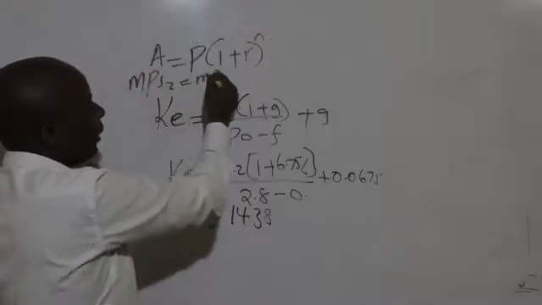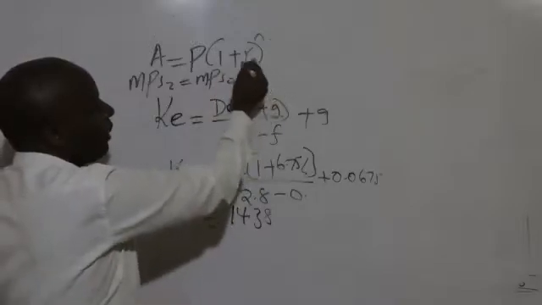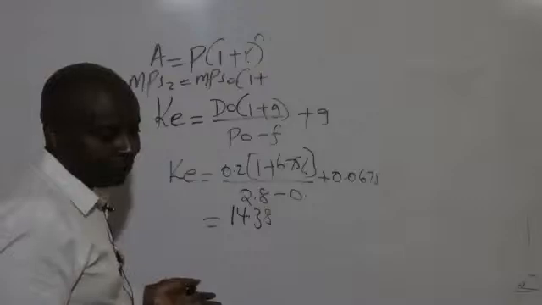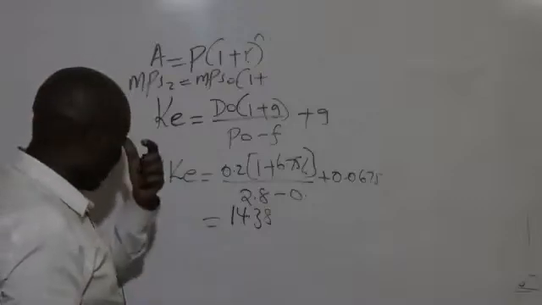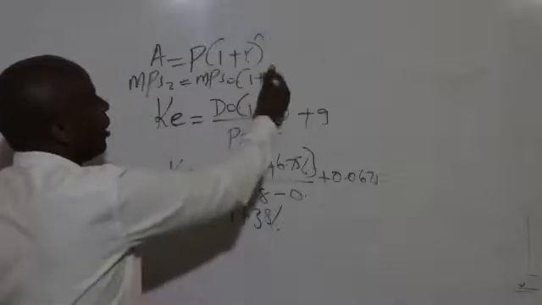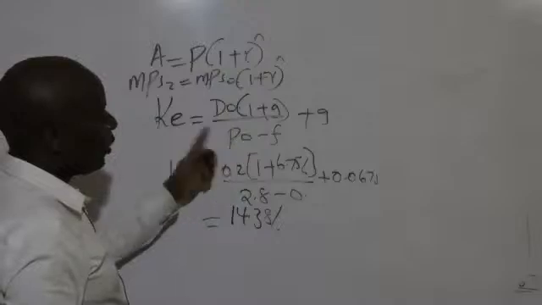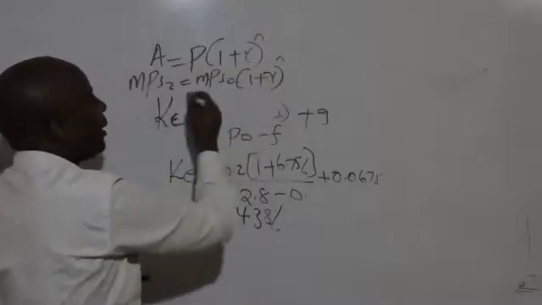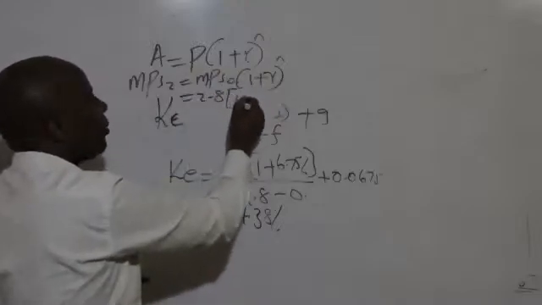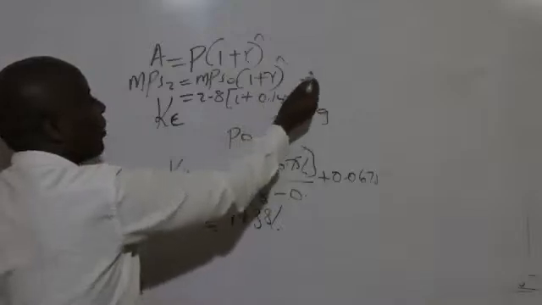The principal will be the MPS at time 0. R is the cost of capital, supposed to be 14.38%, raised to power n. So the current P0 is 2.8 into 1 plus 0.1438 raised to power 2.